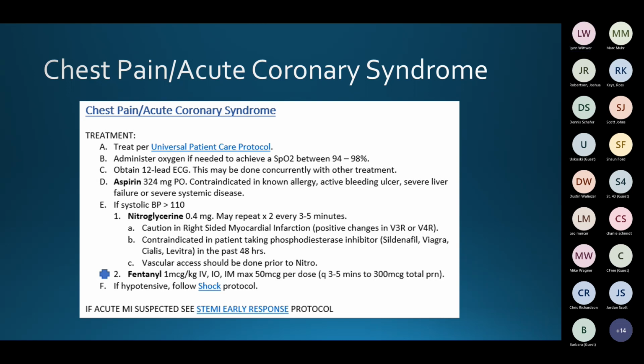Now, once again, we'll keep it down to 50 mics per dose max. You can get a little bit of hypotension from fentanyl, but it's not as common. If they're hypotensive, you follow the shock protocol.